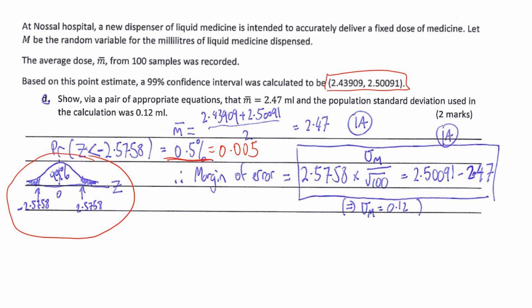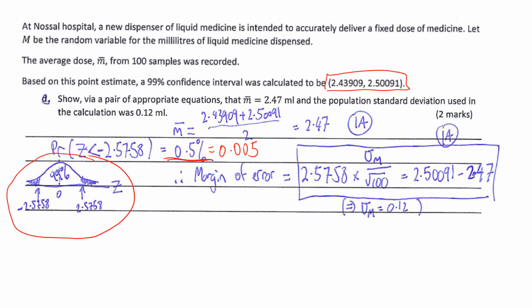So you use your inverse norm to work out what the Z score would be. So it turns out to be 2.5758 standard deviations. Anything more than 2.5758 takes you beyond the central 99% of the common doses that you will receive.